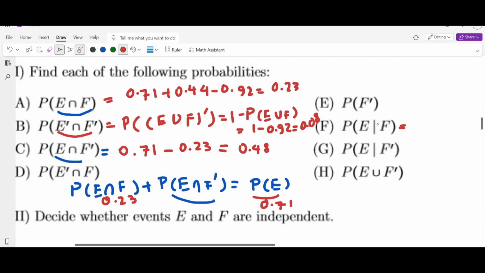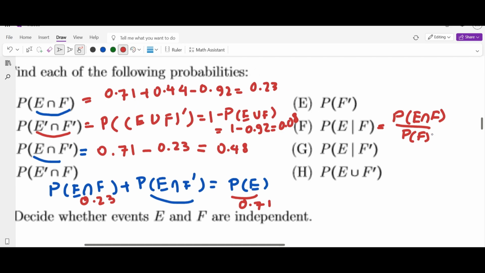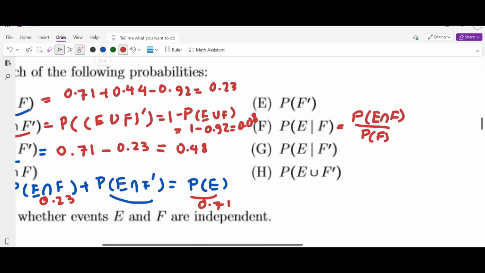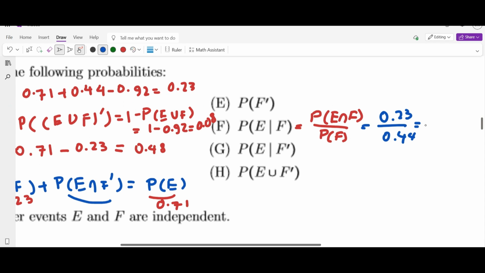For example, if I want to find the probability of E given F, I need to find P of E intersect F divided by the probability of F, which in this case is equal to, we already computed the probability of E intersect F, that's 0.23, and then the probability of F is given by the problem, which is 0.44, and so the probability of E given F is approximately equal to 0.523.